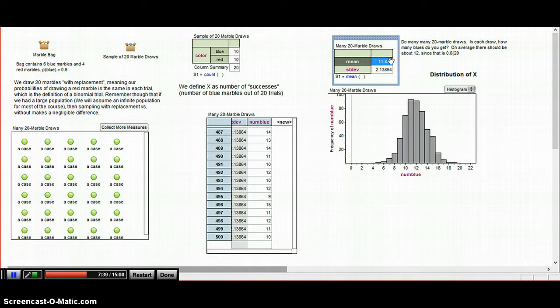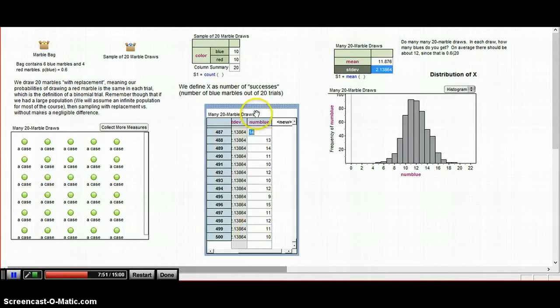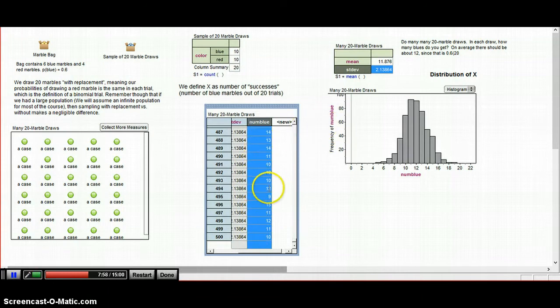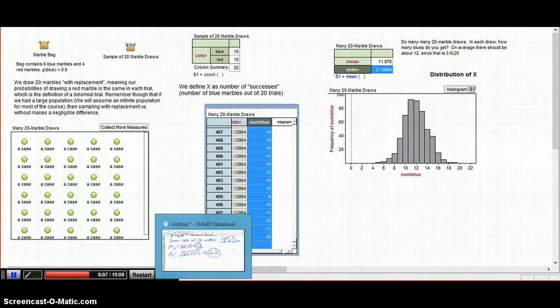It's not exactly 12, because in sampling there's always some sampling error, but it's pretty close to 12, as we would expect. The standard deviation of these numbers, the number of blues out of 20, is 2.13864. Let's go back to the calculations we did: 11.88 and 2.14.